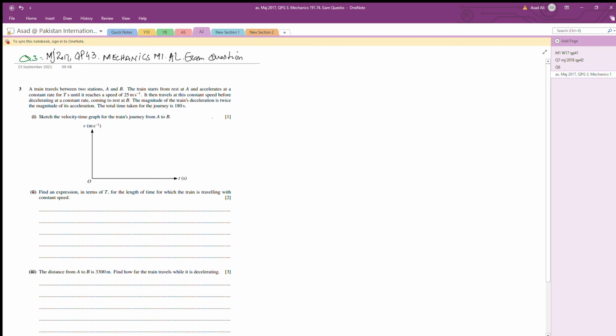Okay, this question is: a train travels between two stations A and B. The train starts from rest at A and accelerates at a constant rate.